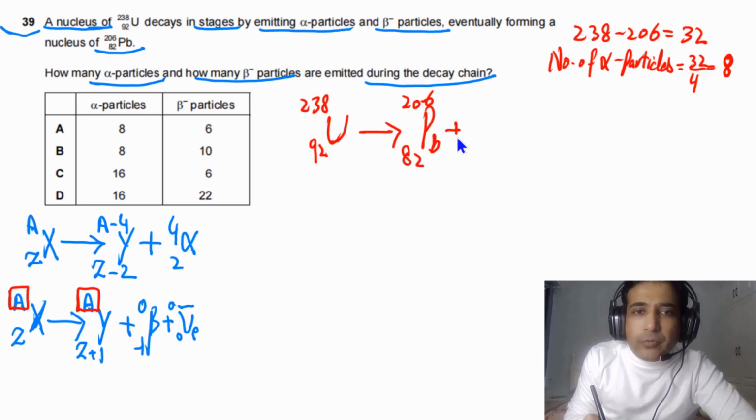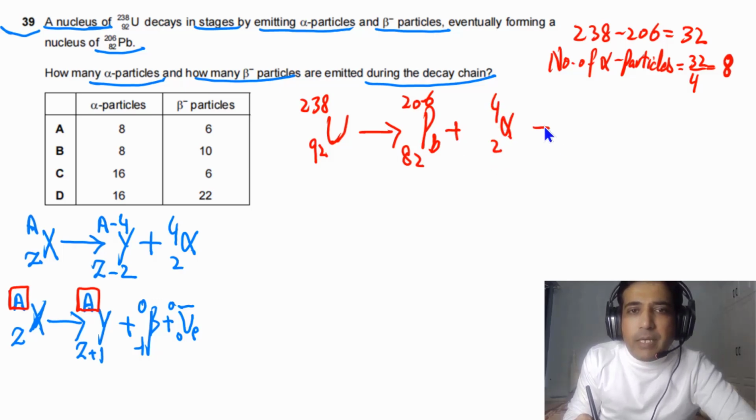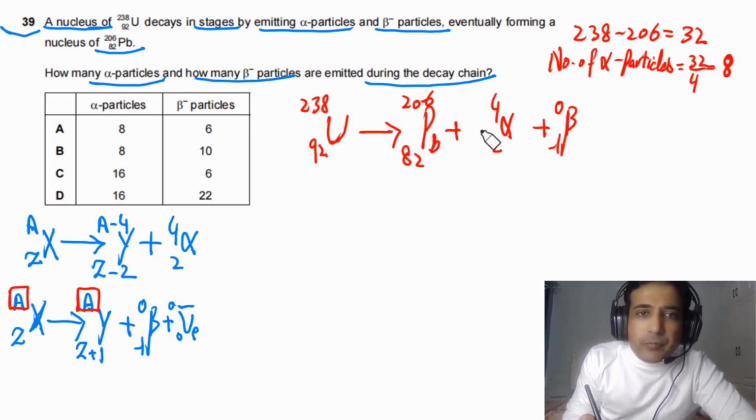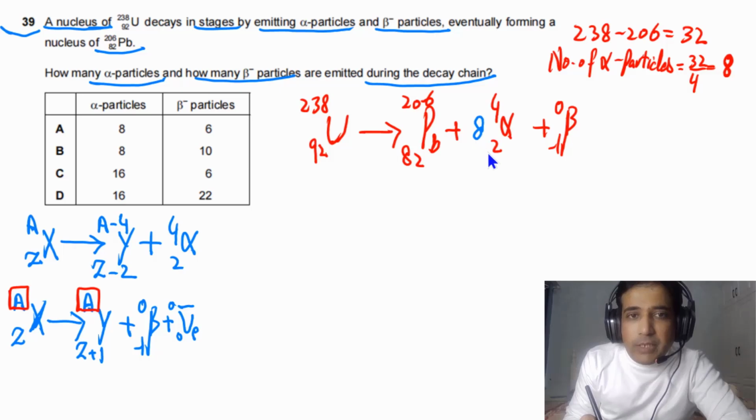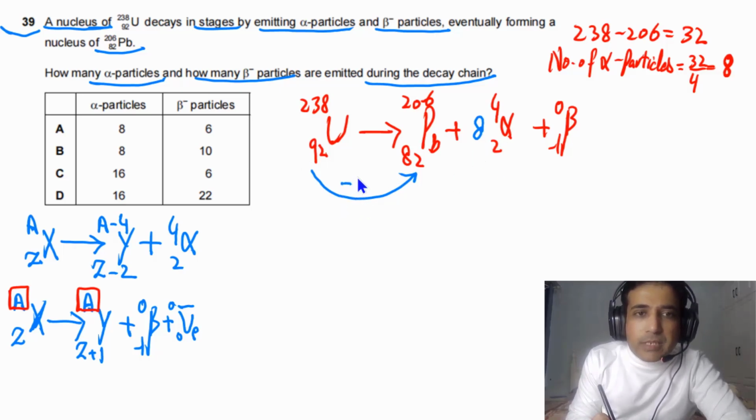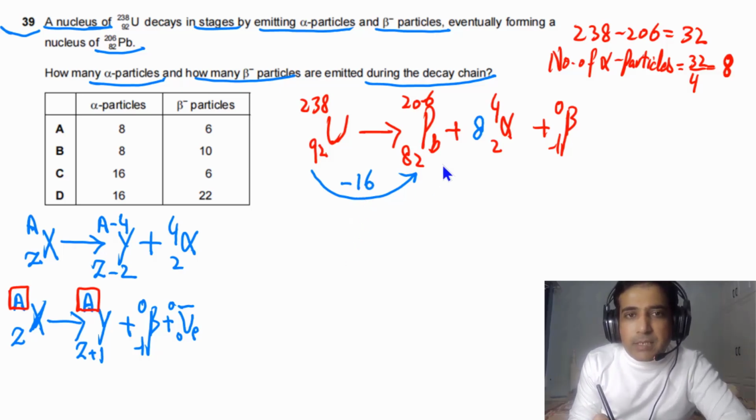So now we can write down alpha particles and beta minus particles here. We have already found there have to be 8 alpha particles. If 8 alpha particles are emitted, the proton number has to decrease by 16.